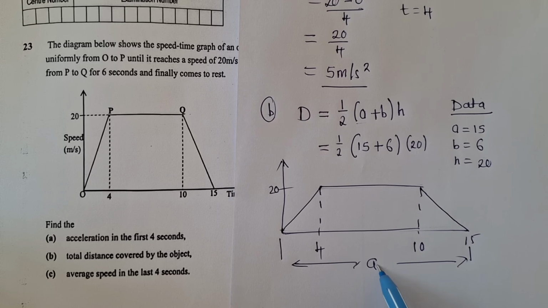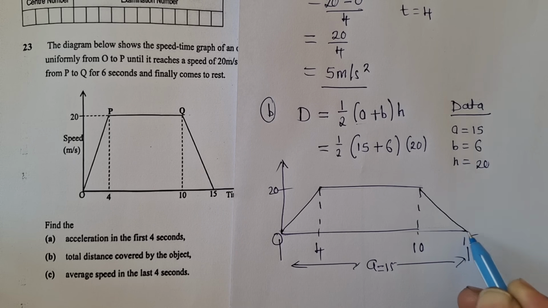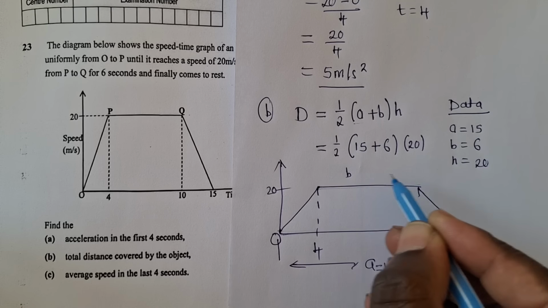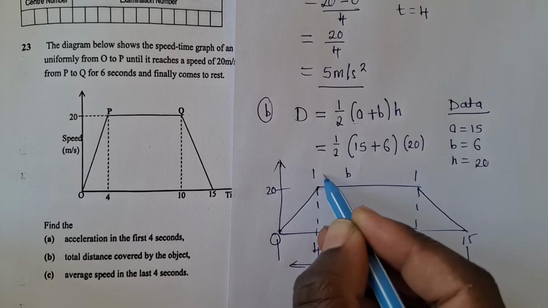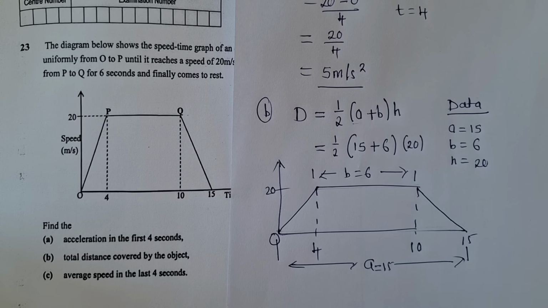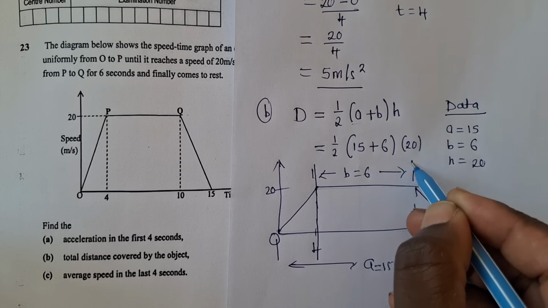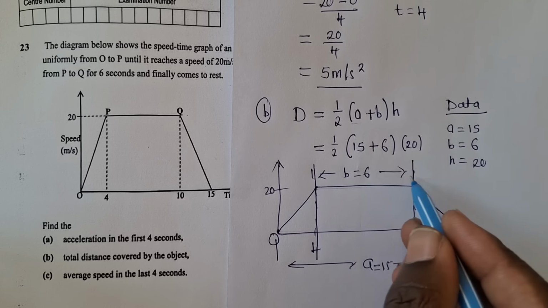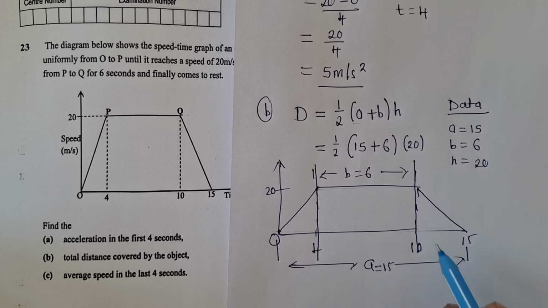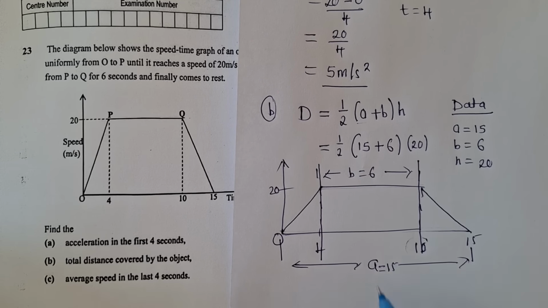This is my a, and I said it's 15 because I know that from 0 to here it's 15, and my b was from here to here. That's my b. And I said my b is 6. I know that the distance from 4 here to where 10 is here, the difference here, is 6. If you want, you can just say 10 minus 4. It will give you 6. That's your b.